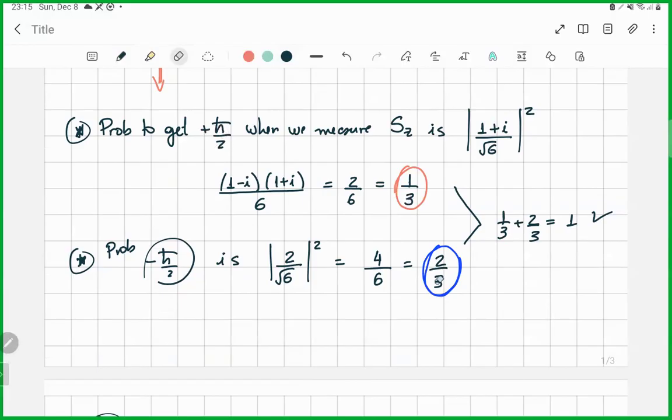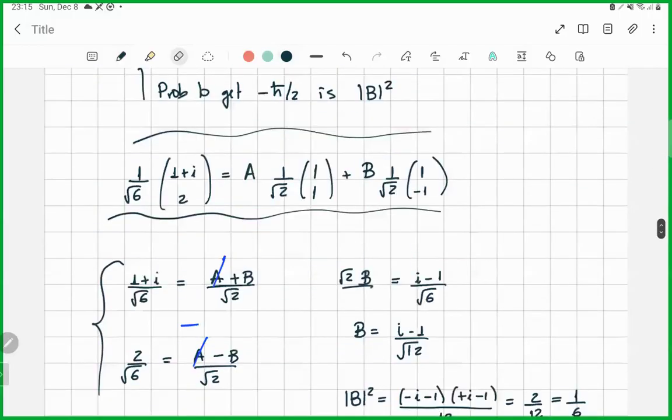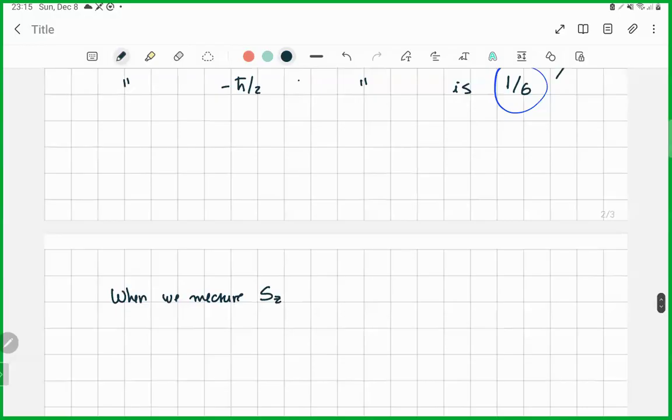We got 2/3 for it to be minus h bar over 2. So let's write this here. A summary, right? When we measure Sz, we have probability 1/3 to get plus h bar over 2, probability 2/3 to get minus h bar over 2, for that state that was given to us.